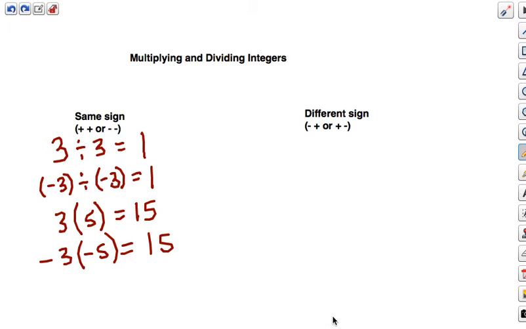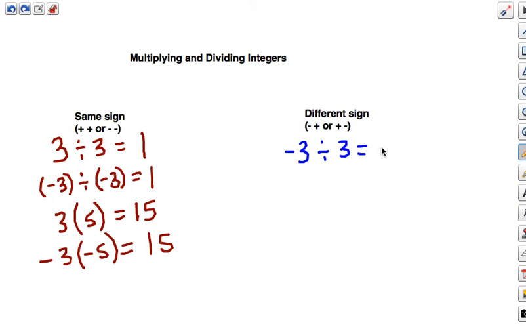All right, let's look at when our signs are different. So anytime you have different signs, your product or quotient is going to be negative. So let's say that we have -3 divided by 3.